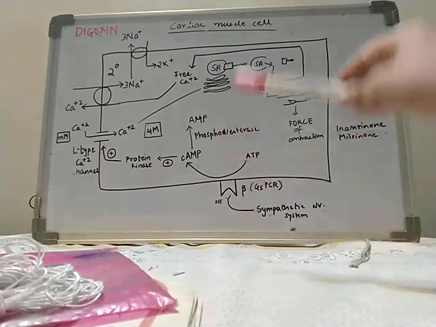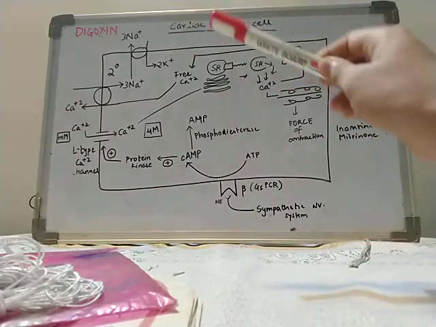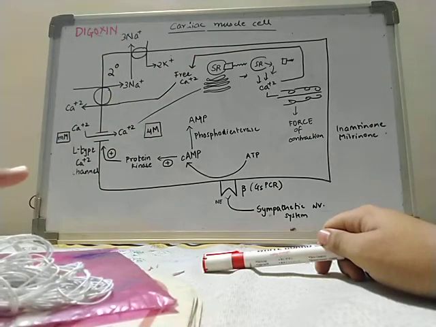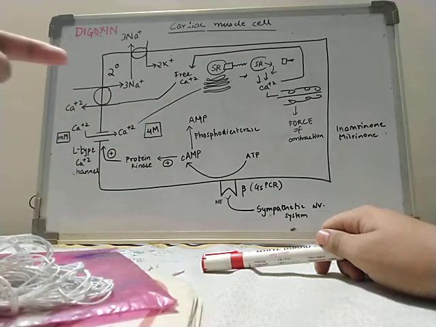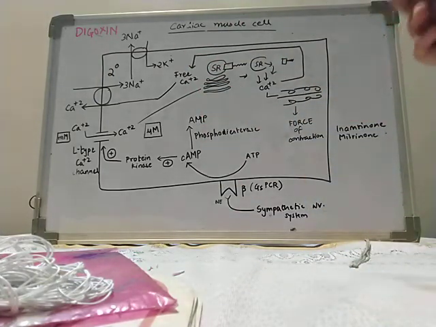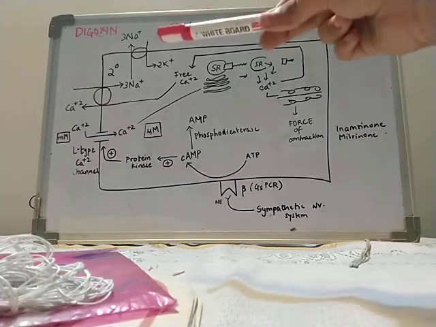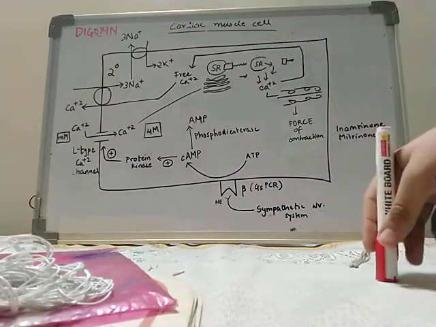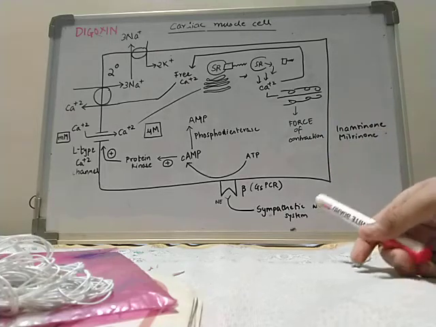The primary active transport is the sodium potassium pump. So one calcium molecule goes outside the cell, and 3 sodium enter into the cell. These 3 sodium molecules are again pumped back outside the cell with the help of the sodium potassium ATPase pump. Okay, so this is the normal cardiac physiology.